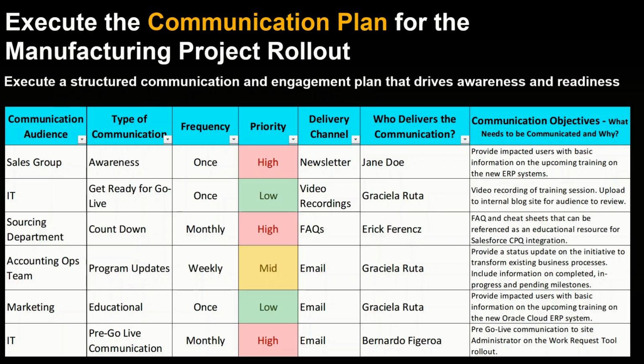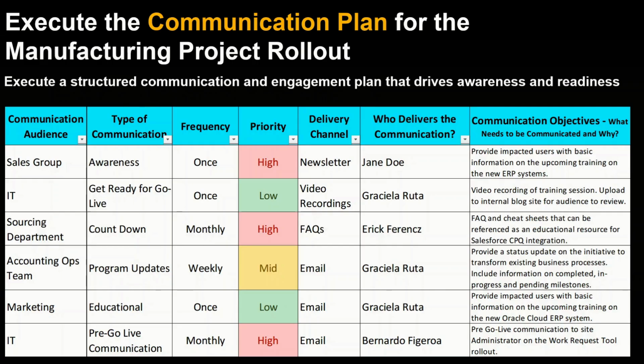Having an enablement website is very important because having a centralized place for people to go really helps to increase adoption. The goal of your communication plan is to make sure every audience gets the right information at the right time through the right channels to help build excitement, readiness, and sustained adoption of your manufacturing project. Use this template that I am sharing on my screen for your communication plan.